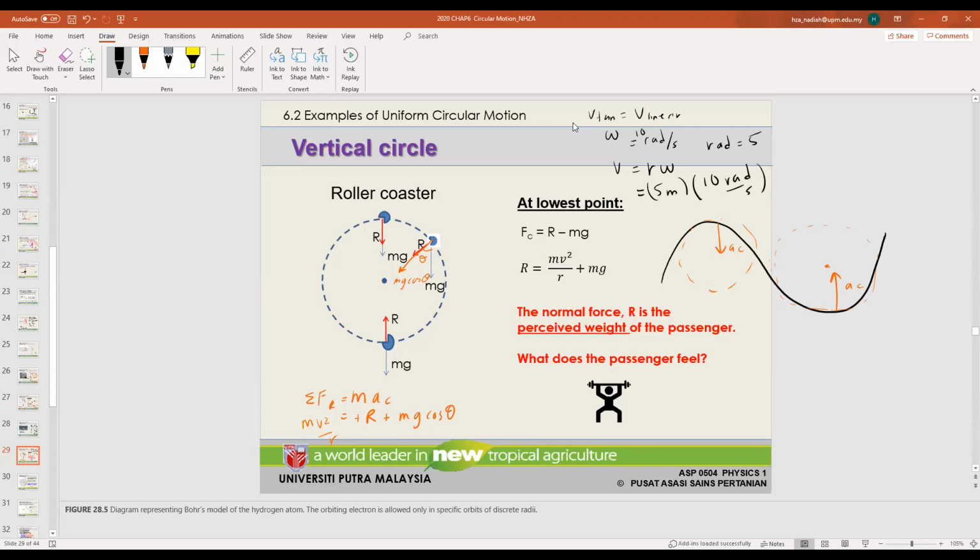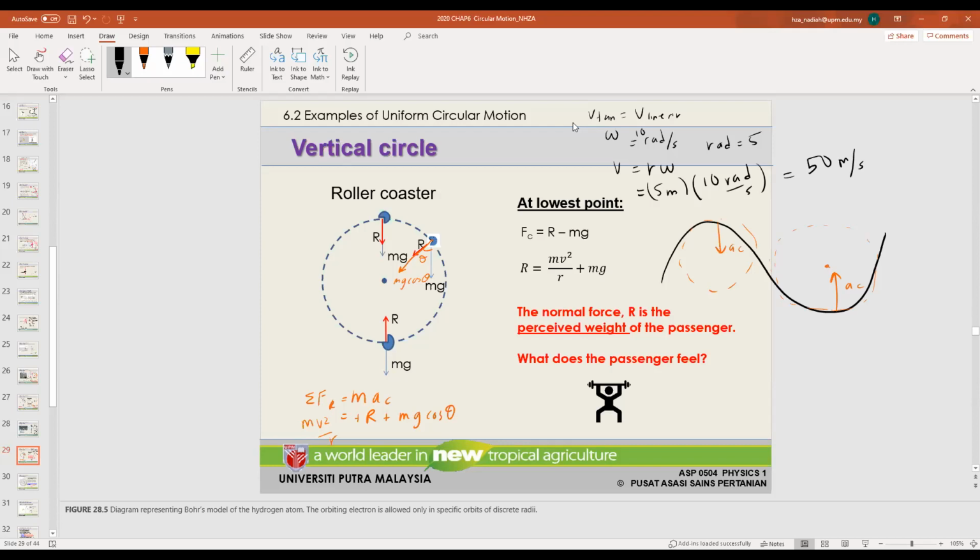Radian is actually, sorry, unitless, but usually you will just ignore the radian, so it becomes 50 meter per second. Okay, that's how you find out V equals R omega. Siapa tak tahu kenapa radian tu boleh hilang.